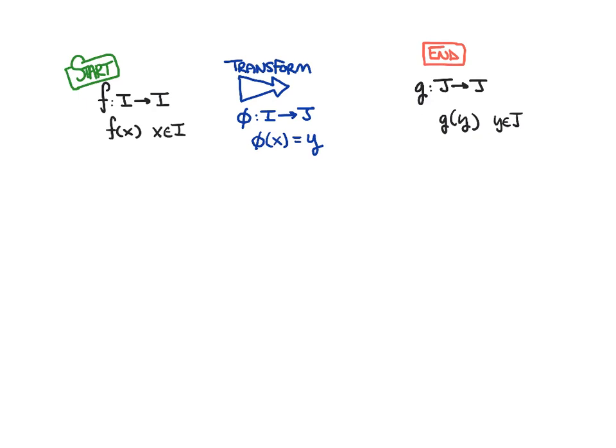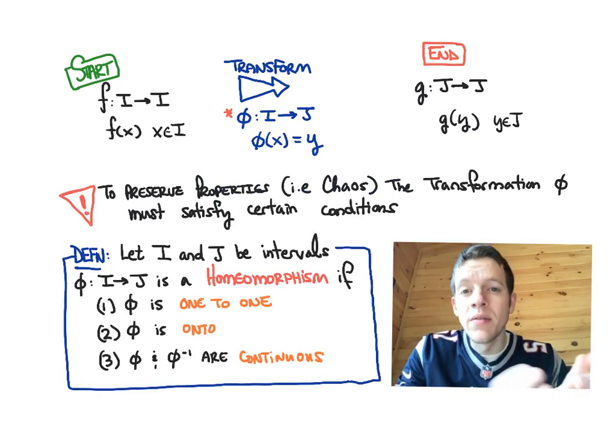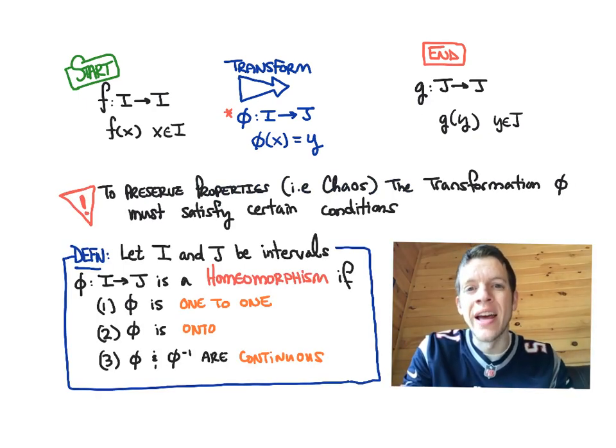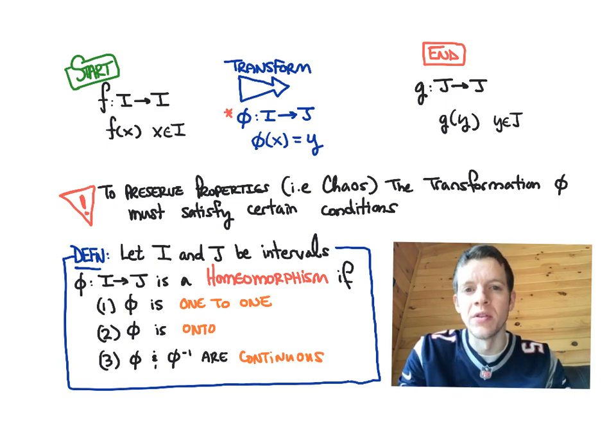Now, as we do this process, in order to preserve our properties, we need to make sure that phi, this little guy phi, satisfies certain conditions. It turns out that that function phi, the transformation, has to be what we call a homeomorphism.